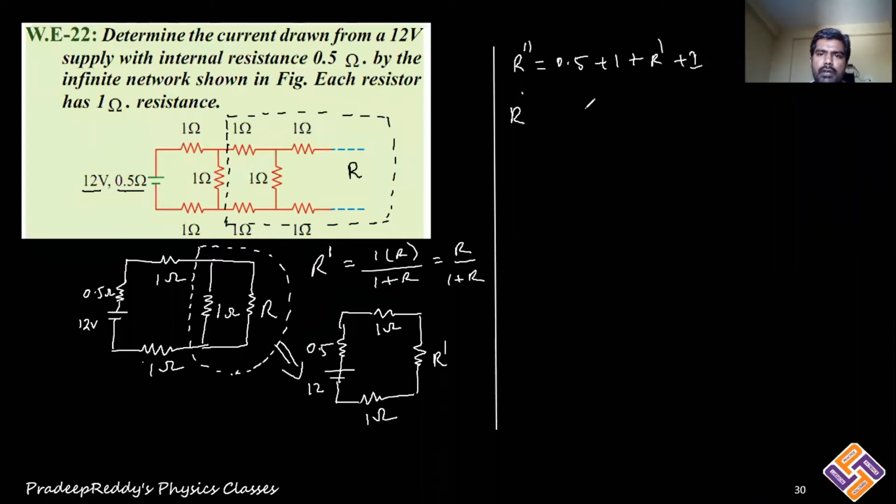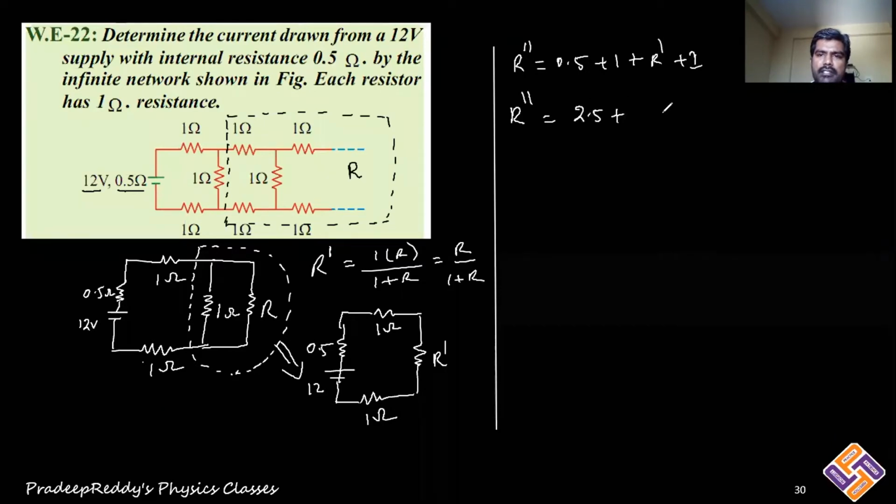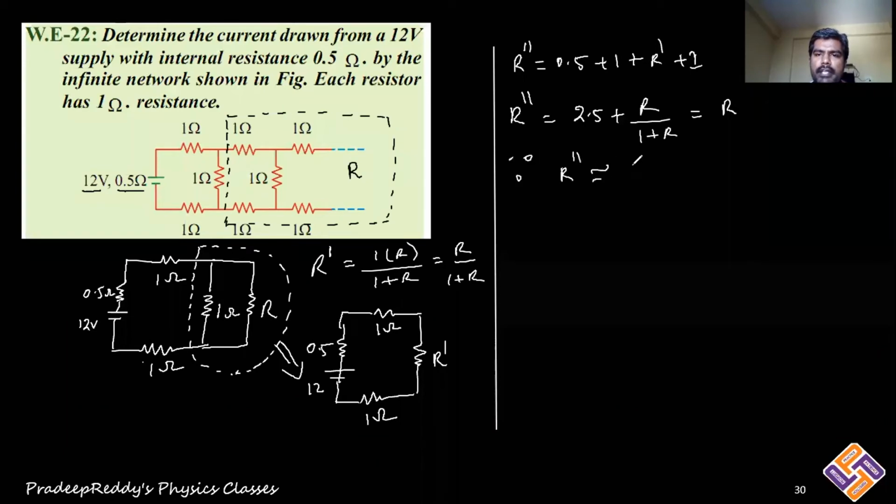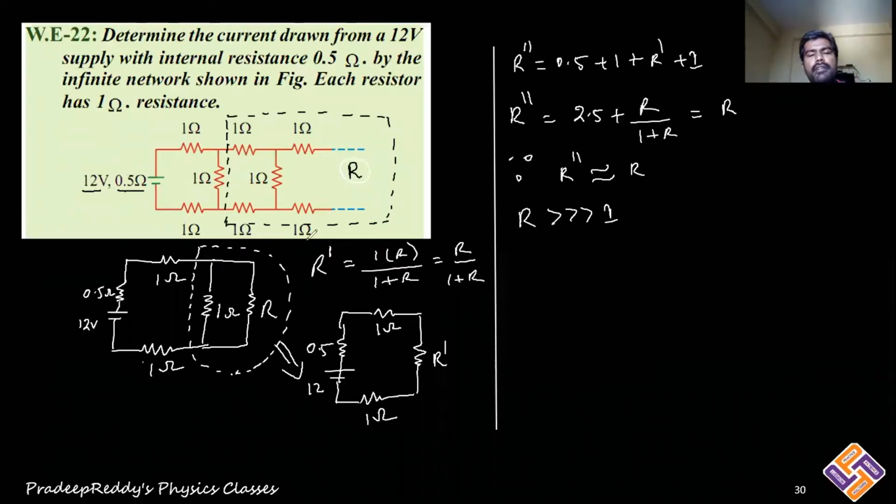R double dash is equal to 1 plus 1 is 2, 2.5 plus R dash. R dash is R divided by 1 plus R, and this can be simply equal to R since R dash is approximately equal to R. As we already know, for very large values R is greater than 1, because we are considering this R resistance as the combination of an infinite number of resistors.